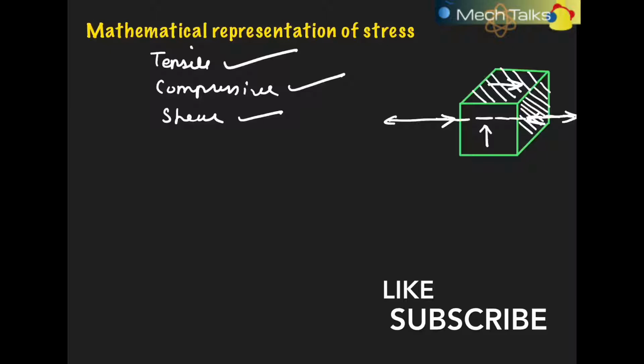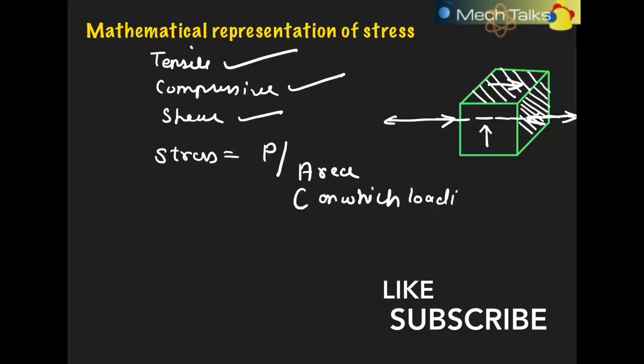So what can you say about stress? Stress can be mathematically represented as the applied load upon area, and this area is the area on which the load is applied.